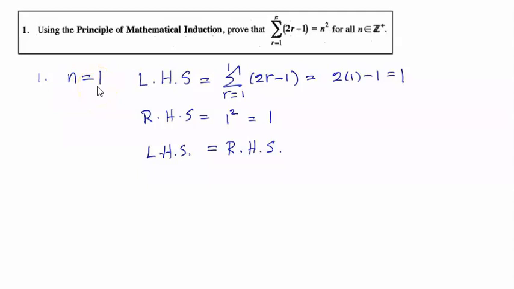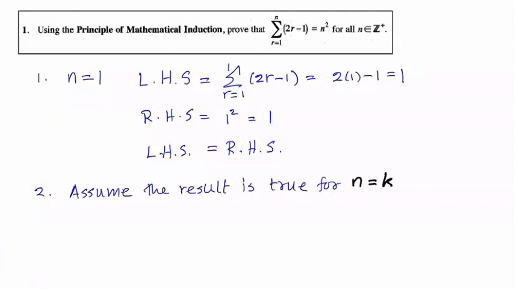And now the next step. The next step is to assume the result is true for n equals k. With this assumption, I can write that the sum of r going from 1 to k, because my n is k now, of 2r minus 1 should be equal to, if the result is true, n squared, which will now be k squared.